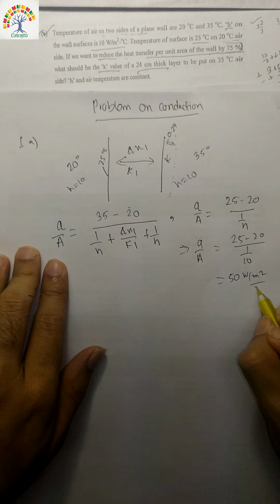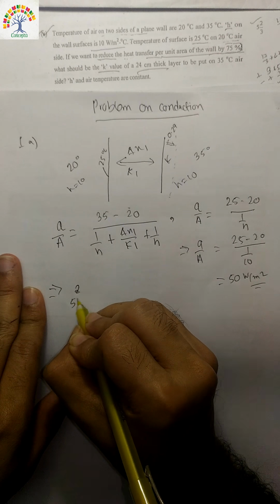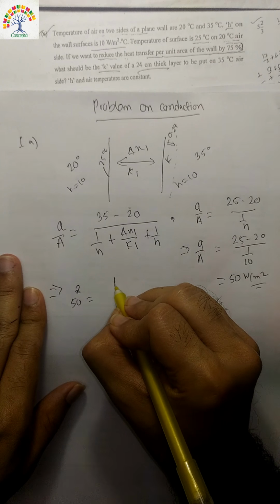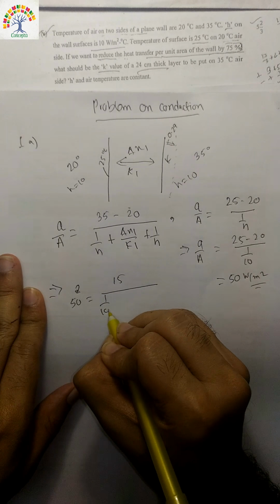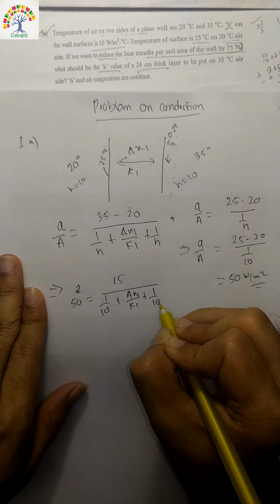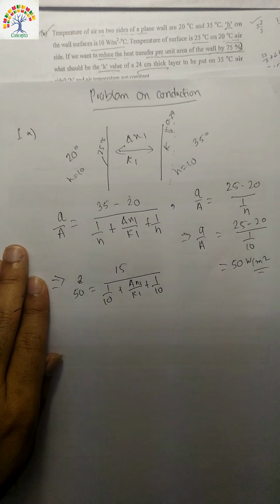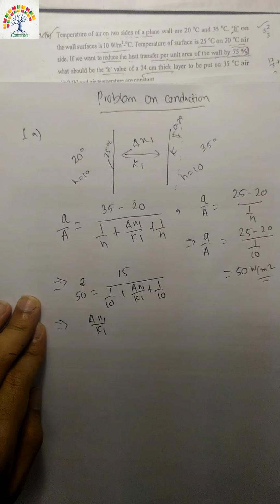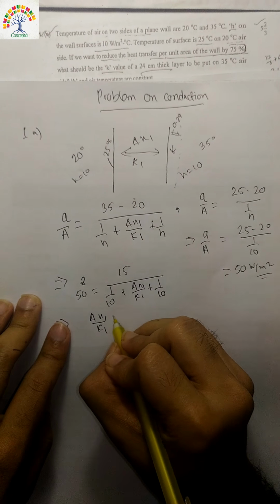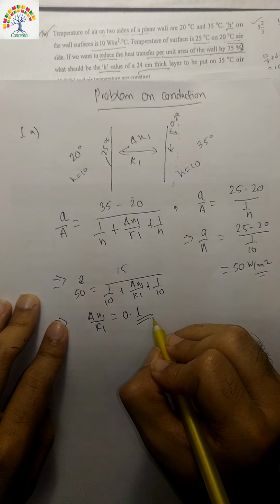Just take this value and plug it in here: 15 over 1 by 10 plus delta x1 by k1 plus 1 by 10. Now delta x1 by k1 is equal to 0.1, right? So we have this value.